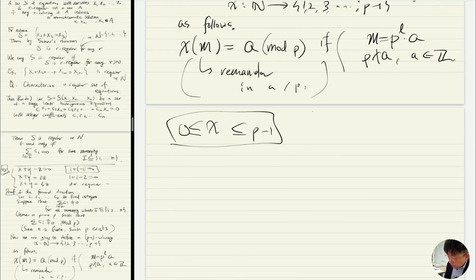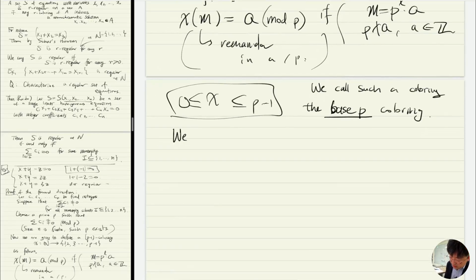Now, we call such a coloring the base P coloring. All right.